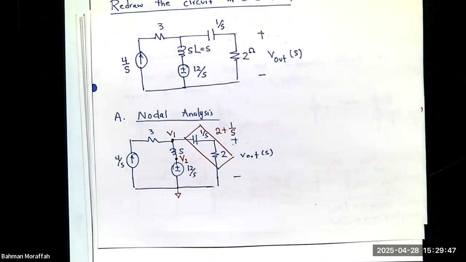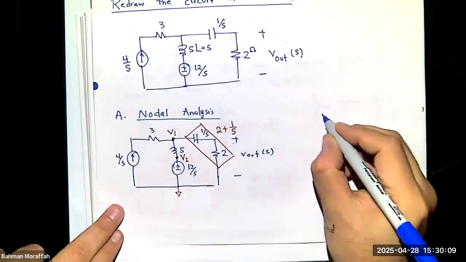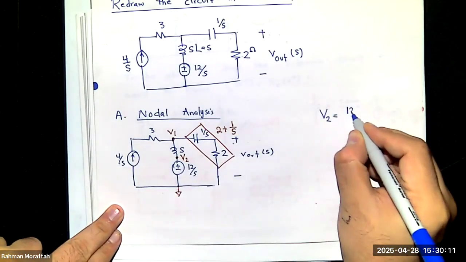When they're between two nodes. What is our solution? We just go around it and define a supernode. In this case, that's the easy one, isn't it? So what is my V2 then? I know exactly what V2 is. V2 is 12 over S. So I know V2 is exactly 12 over S.